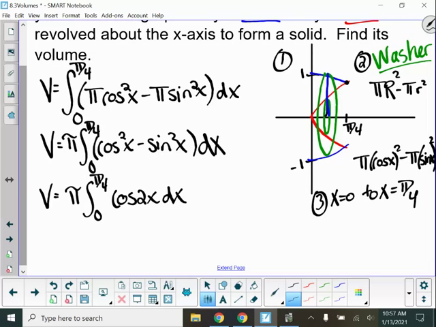And then this is something that we can integrate. So this is going to be pi times the integral of cosine is going to be sine, because the derivative of sine is cosine. But remember, normally when I'm taking the derivative, I would have to multiply by 2.